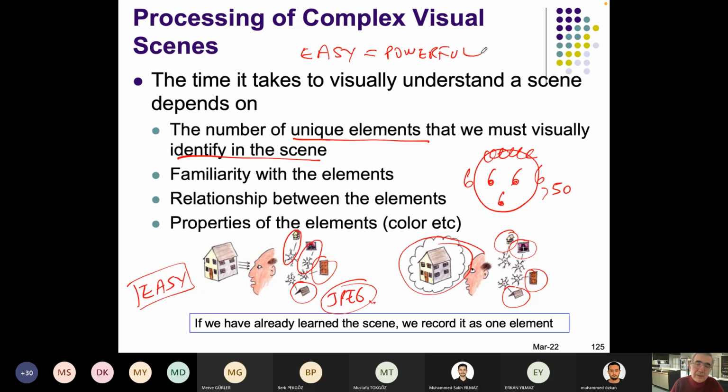So powerful interfaces are also easy interfaces, provided that effectiveness is the same. So if similar functions are available in two different interfaces, the easy one is more powerful. When you don't give many clues for processing the scene, it becomes difficult to remember.